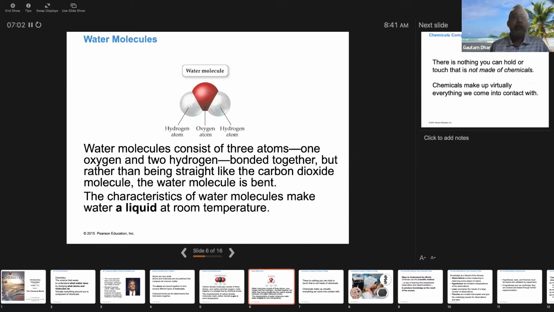Now that very shape changes the whole property of these molecules. Carbon dioxide is a gas and water is a high boiling liquid. As we learn our chemistry, we will also be able to predict this kind of characteristic ourselves.